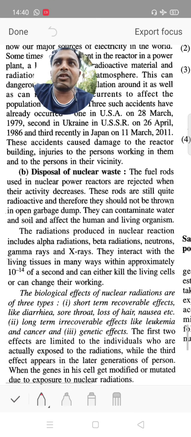This is a bad effect of radiation. So the nuclear bomb is very dangerous and affects the whole life.